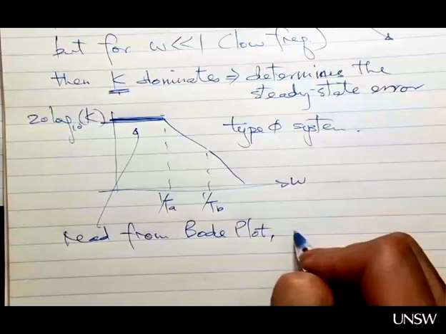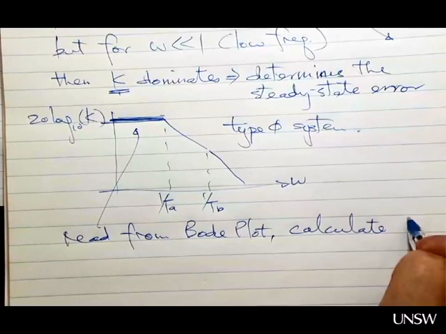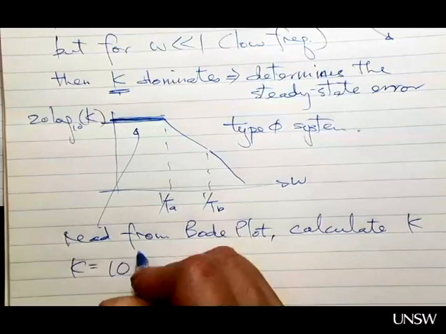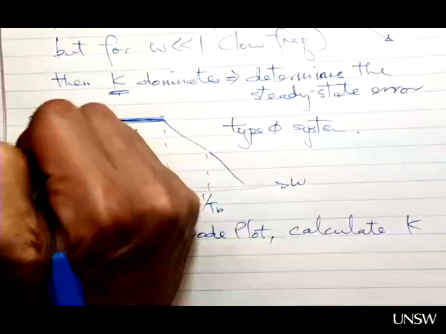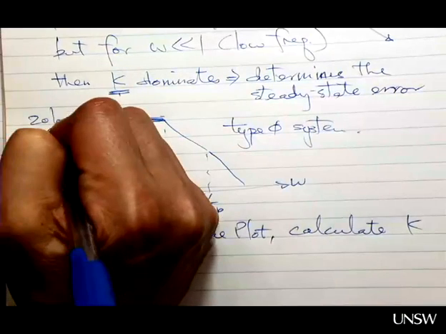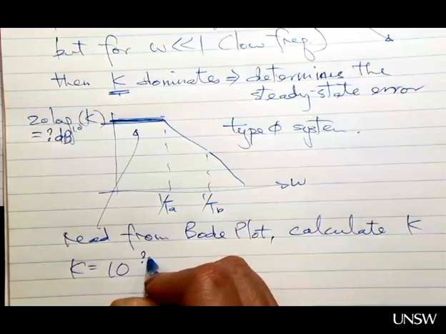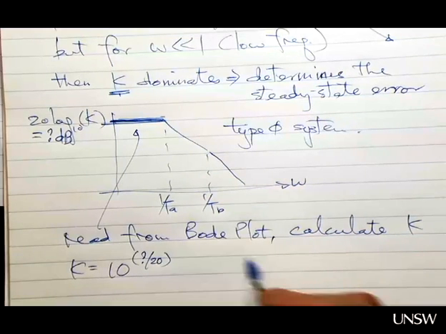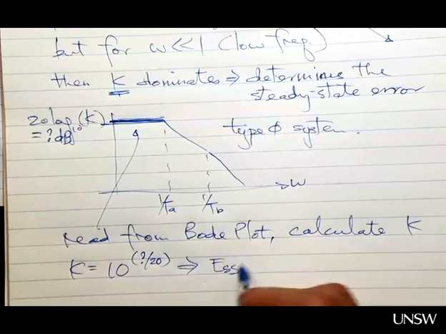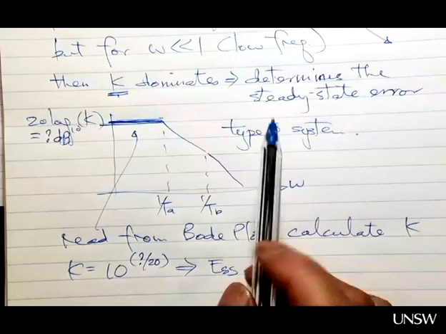Then we calculate K. K equals 10 to the power of, for example, so many decibels divided by 20. And then that gives us the steady state error.